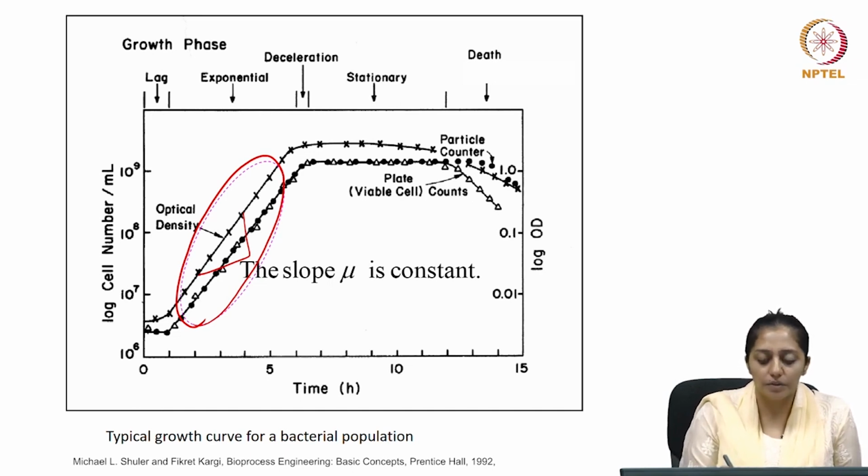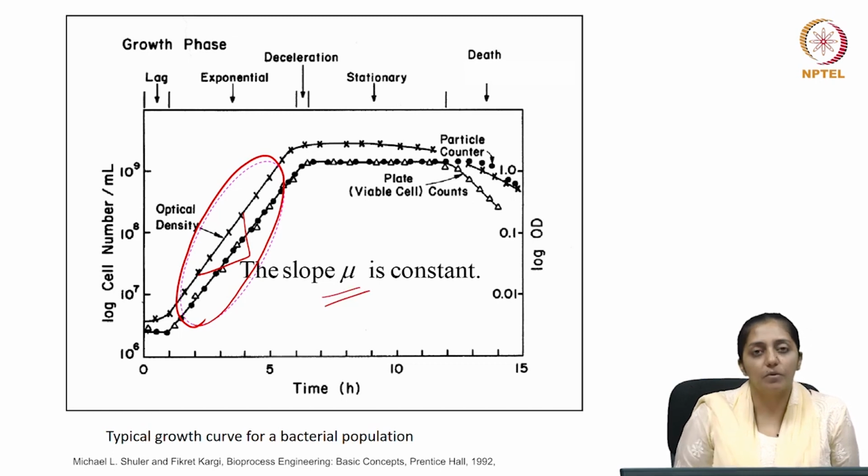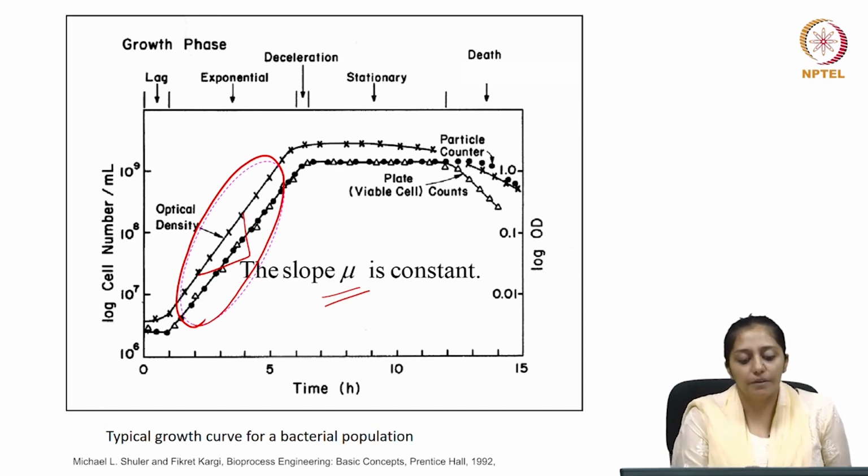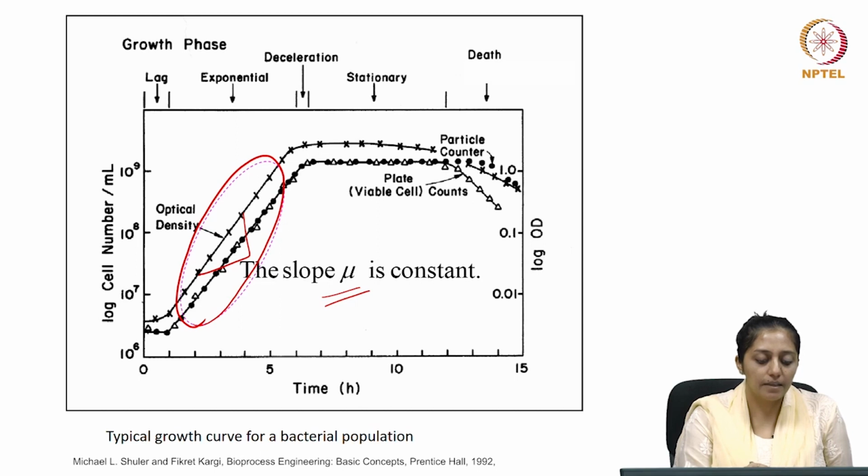So, this is what is your specific growth rate of the culture. And as I have already told you, we had already seen different phases of growth in a typical batch growth curve. In terms of cell numbers, you can see the death phase, the stationary phase, the decline phase, the deceleration phase, the exponential phase, and the acceleration phase along with the lag phase.